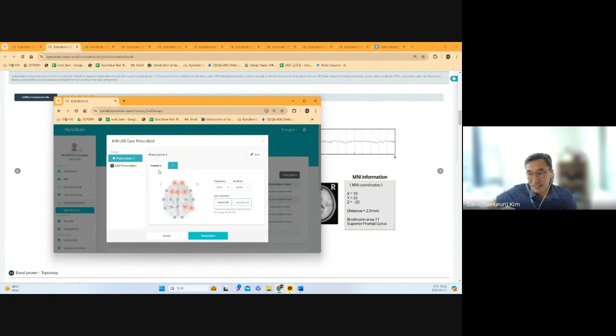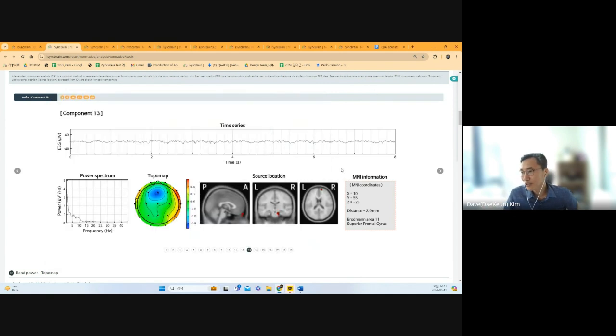Then in this case, for example, if they want to stimulate the frontal area, they target this frontal area. X equal 10 is near the midline, Y equal 55 is the very frontal area, and Z equal minus 25 is just below the central line. So the anterior and below portion of the frontal area could be a TMS target.